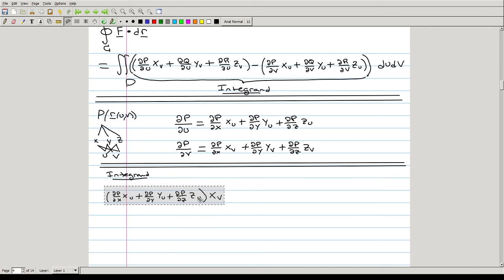This is the first term in the integrand, plus the second term in the integrand, which is going to be dq/dx times xu plus dq/dy times yu plus dq/dz times zu, all multiplied by yv.